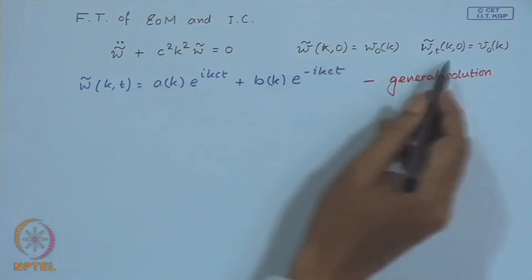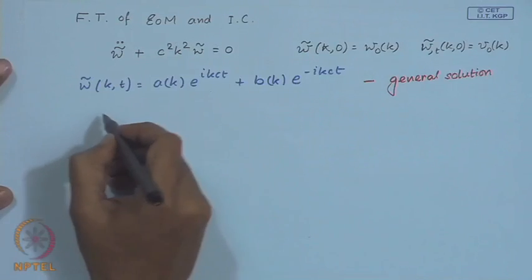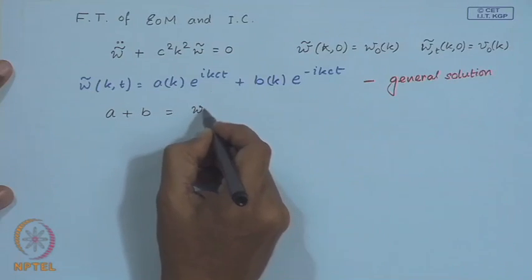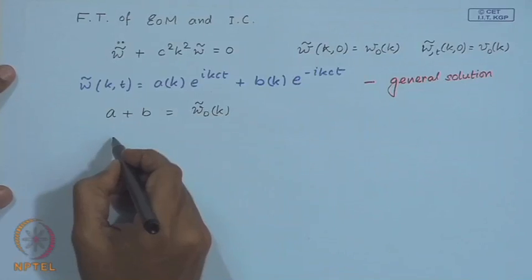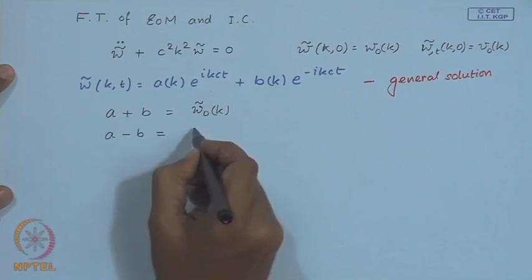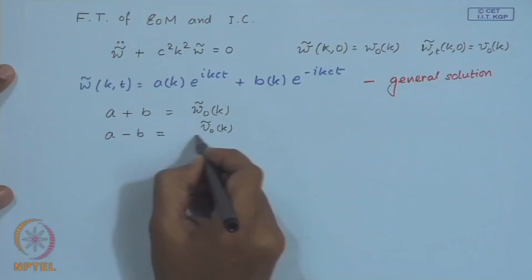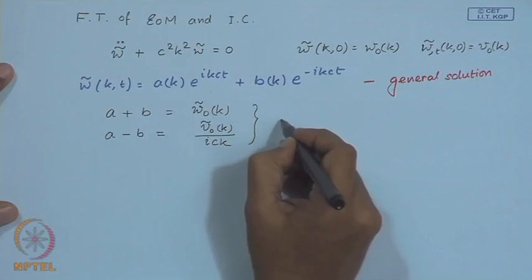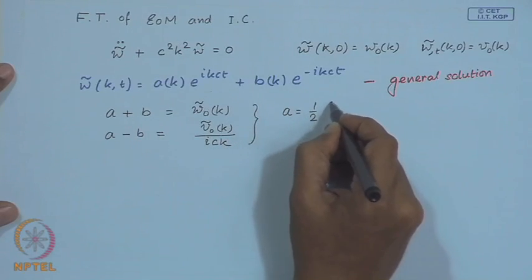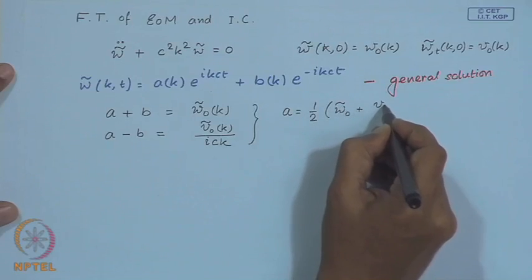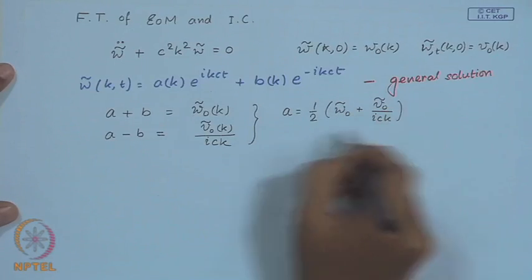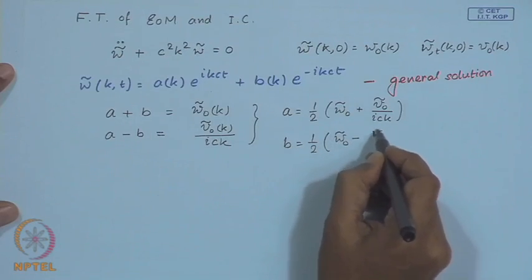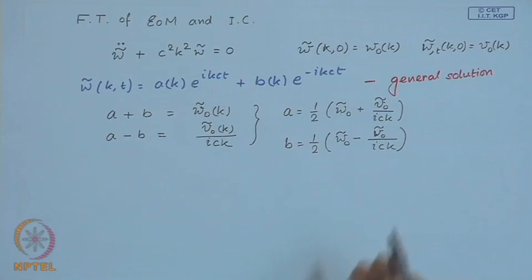Now, we use the initial conditions, and we find that a plus b must be equal to w 0 of k and a minus b must be equal to the transformed initial velocity term, and from here we therefore can solve for a and b.